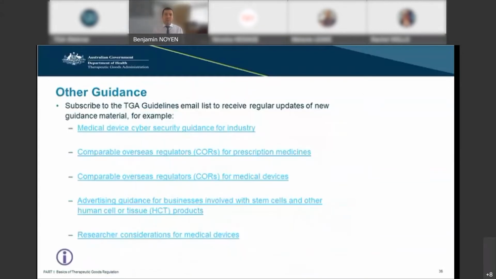You can receive regular updates of new guidance materials, such as cyber security for medical devices or comparable overseas regulators. I suggest you subscribe to the email list so you get the updates on new guidance, particularly as emerging technologies start to emerge and we start to put regulations over them.